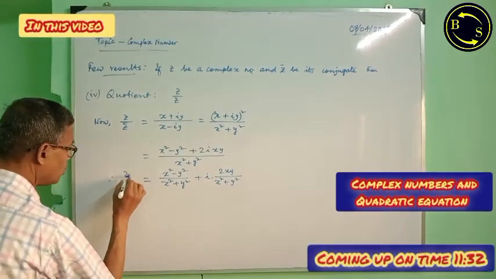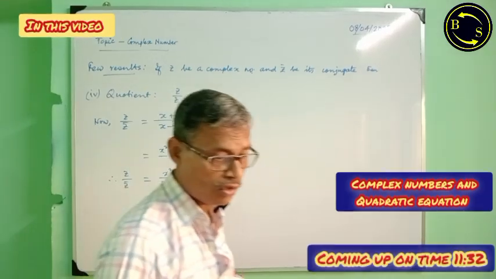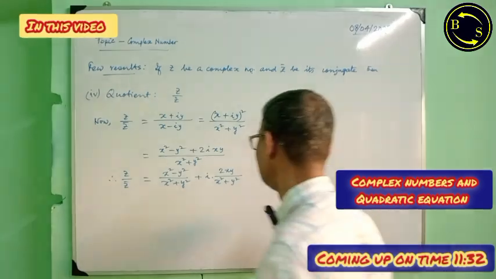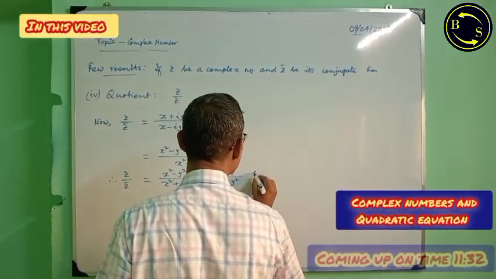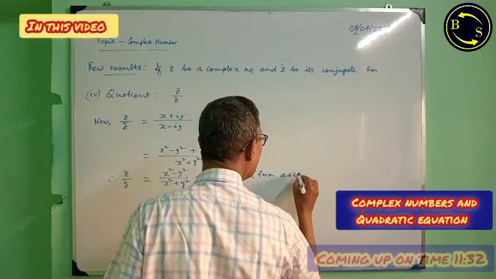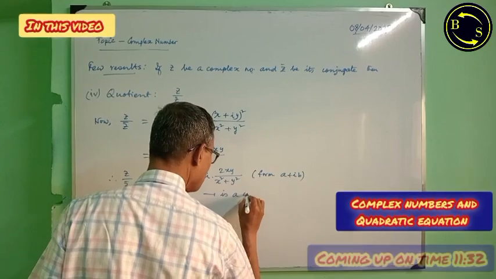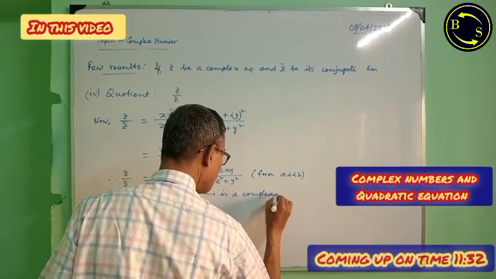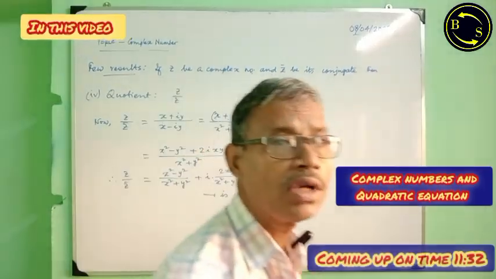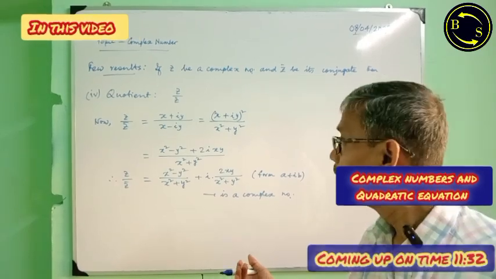Therefore, z by z bar, that is the quotient of a complex number and its conjugate, is another complex number.